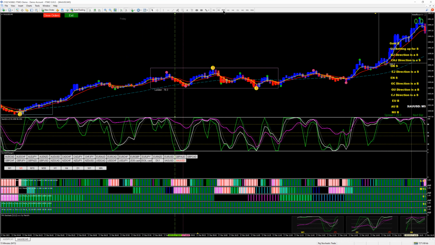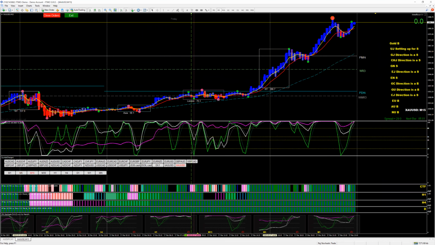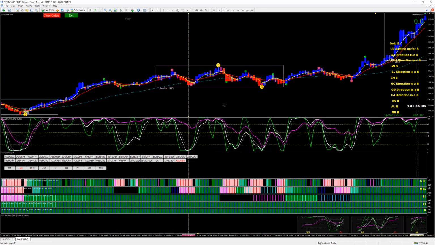Now, if I go to the 15-minute and look at the stochastic, it's peaking. Actually, peak was here. And you can see it peaked, came out of the peak over here. The 5-minute came out of the peak. There's my entry.